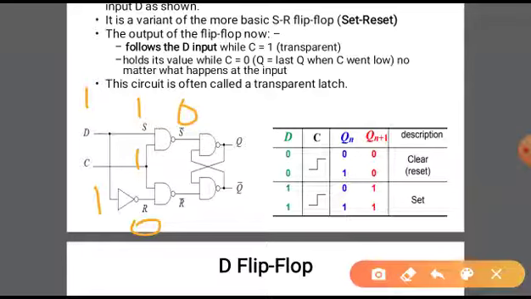First NAND gate, so 1 0, output is 1, so 0 coming to this NAND gate, by default output is 1, so 1 is coming into here, 1 1 output 0, 0 coming to here, the output is 0. So here you mention that 1 input, 1 output, that means set mode of D flip-flop.